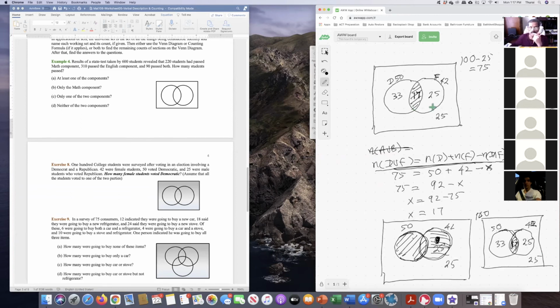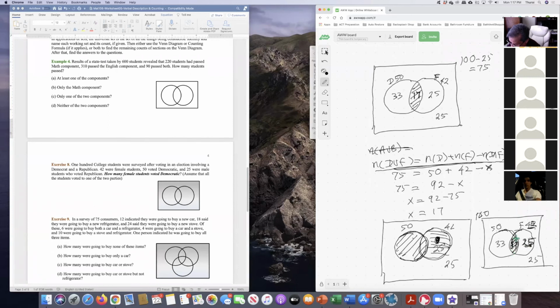How did we get 33 again? I figured out these 25 as this section, right? Right section of B, the F. So 42 minus 25 gives you the center part, right?